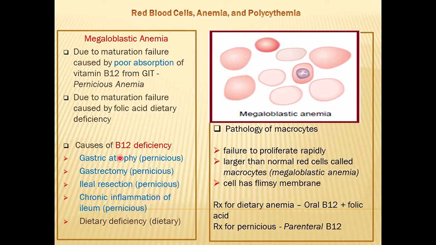Or ileal resection, resection of the ileum, same, because absorption is also in the ileum. Chronic inflammation of the ileum. So these are conditions that can cause the pernicious type of anemia. Then dietary deficiency.